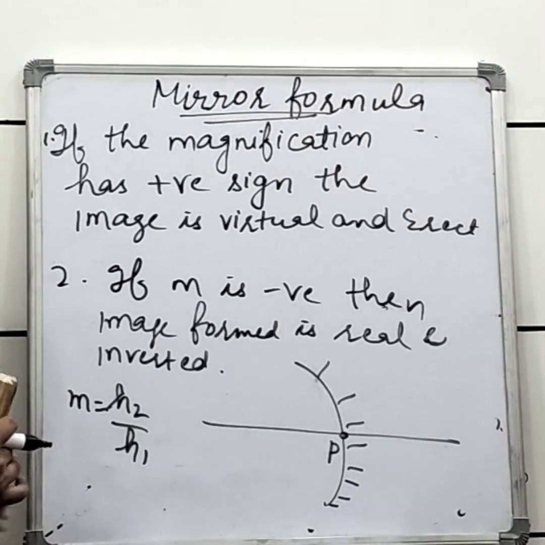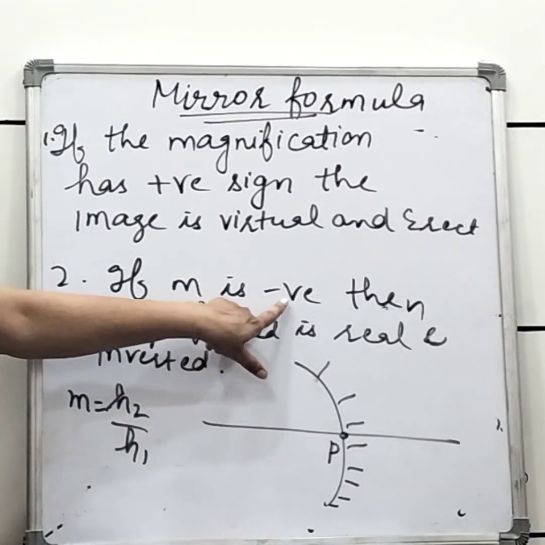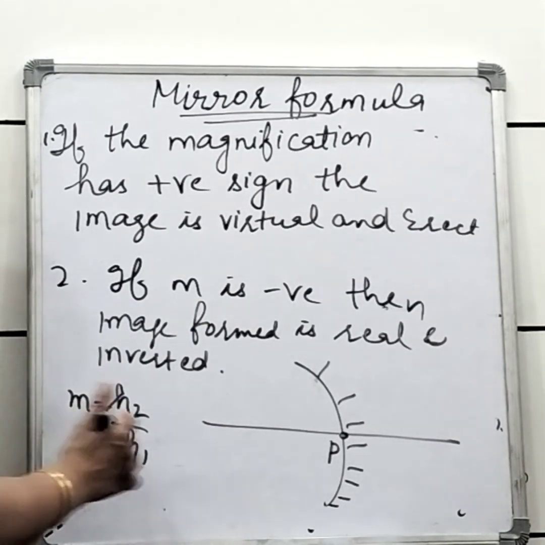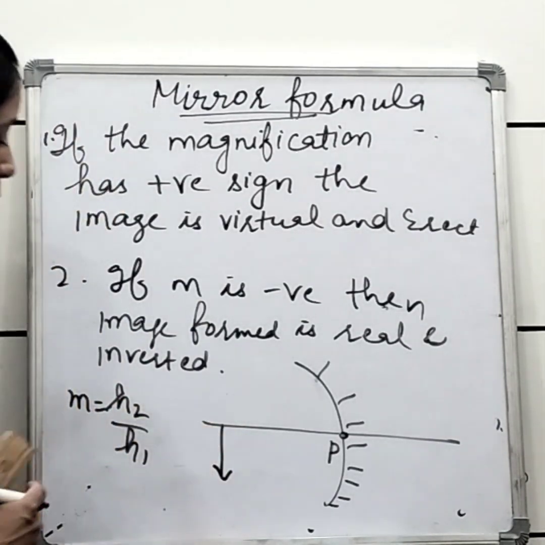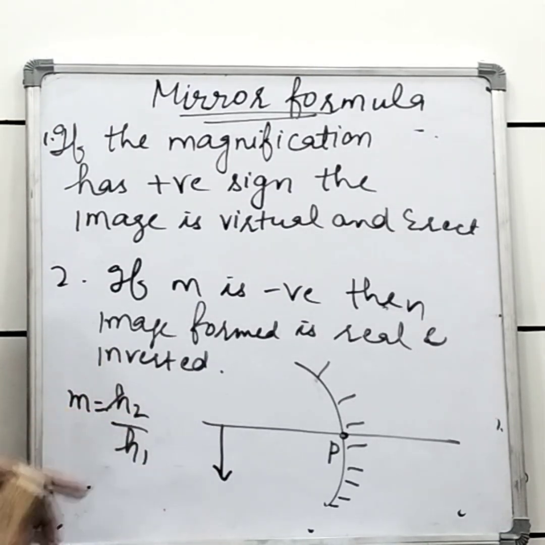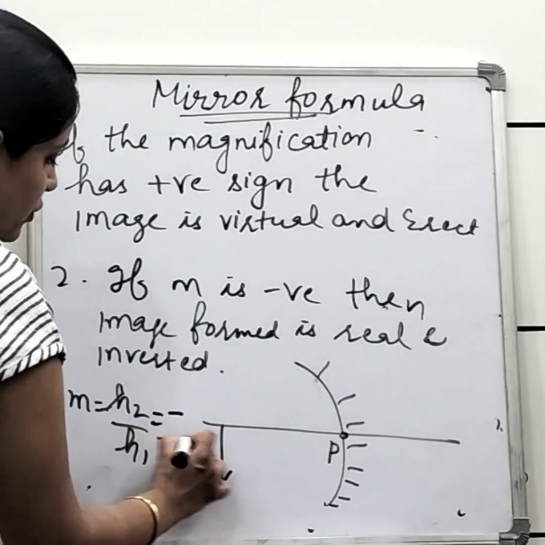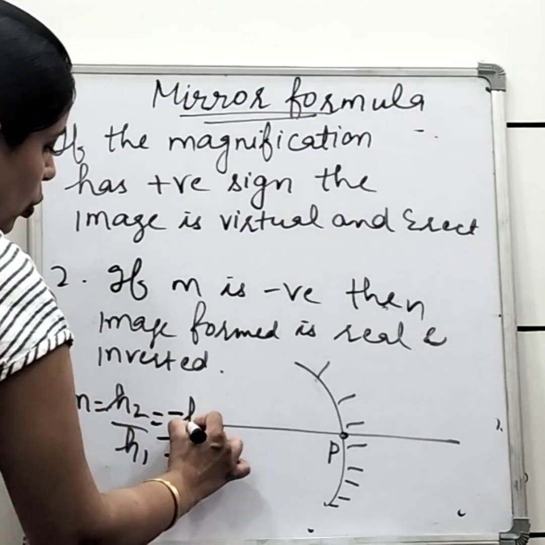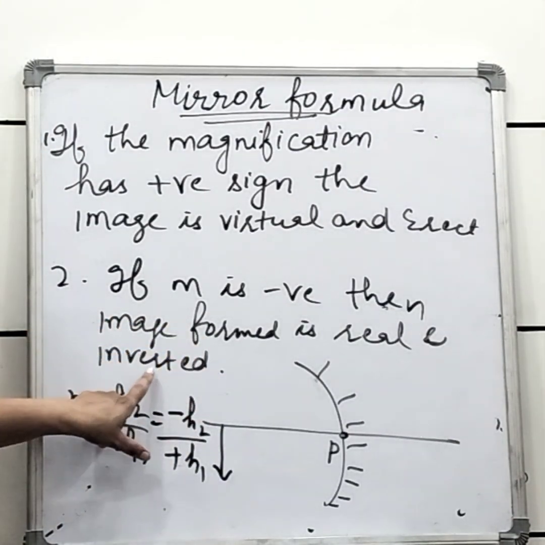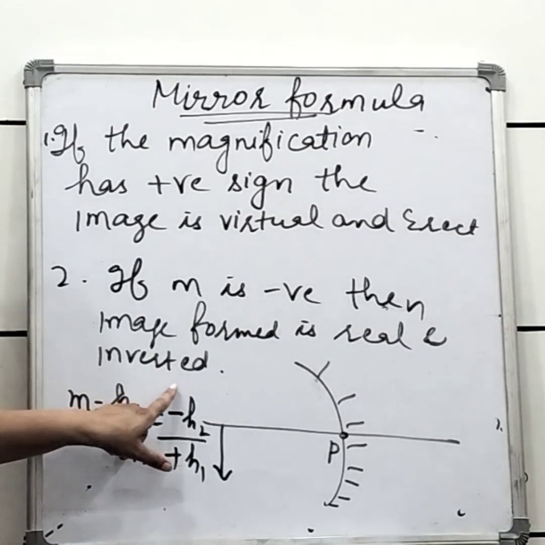So H1 is always positive. Magnification is negative means H2 is negative, and H2 is negative when the image is real, because in a real image the image is in the downward direction to the principal axis. So H2 is negative and H1 is always positive. So when M is negative, then the image will be real and inverted.